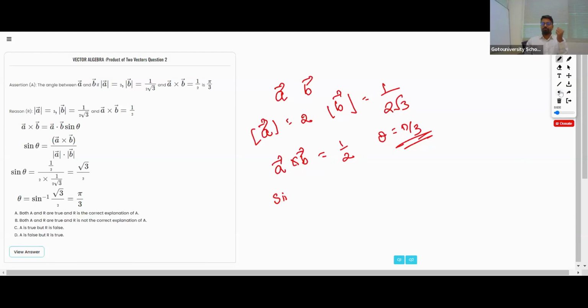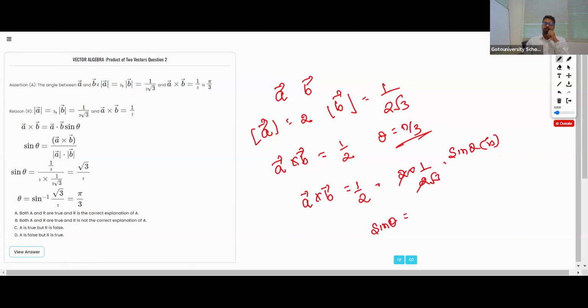So what will you do? We are going to find the product A cross B. We are going to equate it to 1 by 2, which is equal to 2 into 1 by 2 root 3 into sine theta n cap. So what happens is the 2s cancel, and sine theta is equal to root 3 by 2.